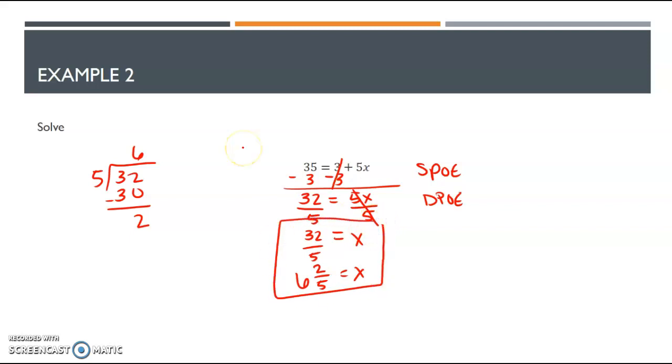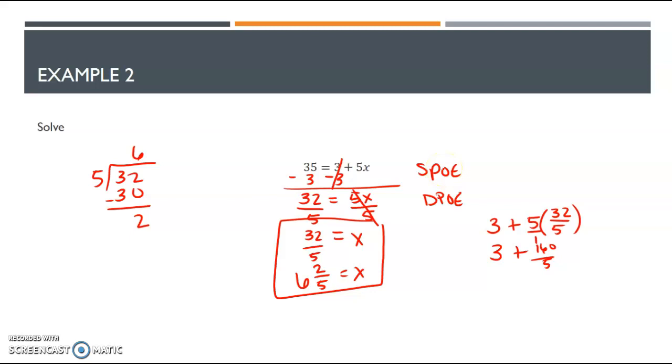And then you go, okay, but Mrs. Cartwright, that didn't divide evenly. It can't be right. Well, let's double check. 3 plus 5 times 32 fifths. So 3 plus, I'm going to make this 5 over 1. So 5 times 32 gives us 160 divided by 5.